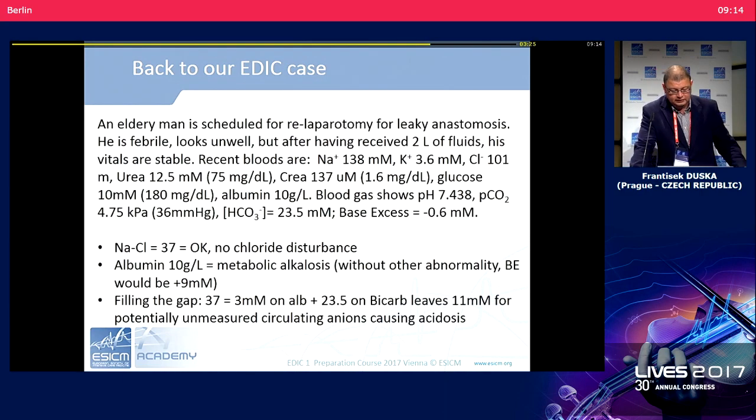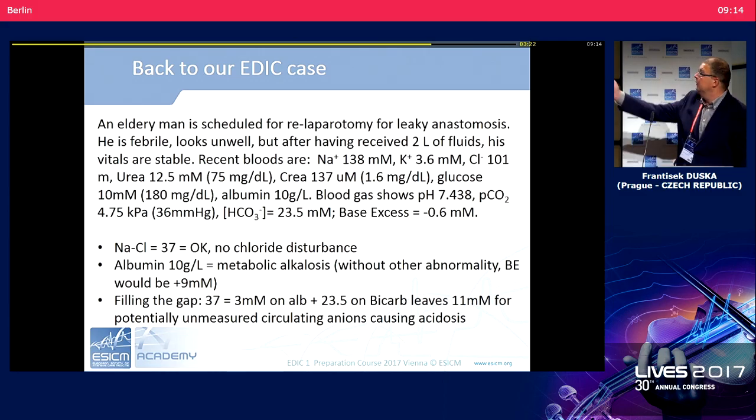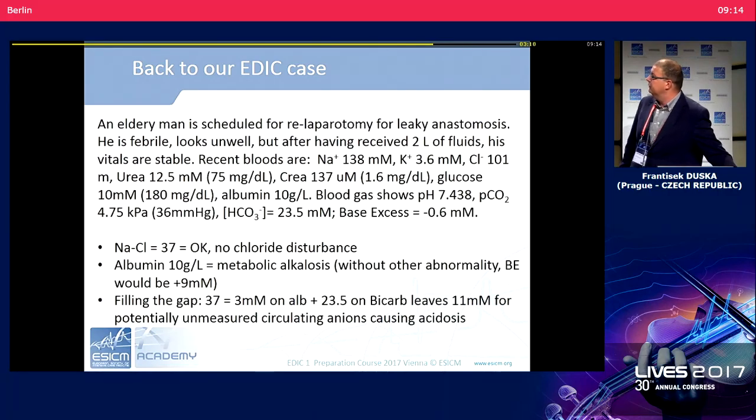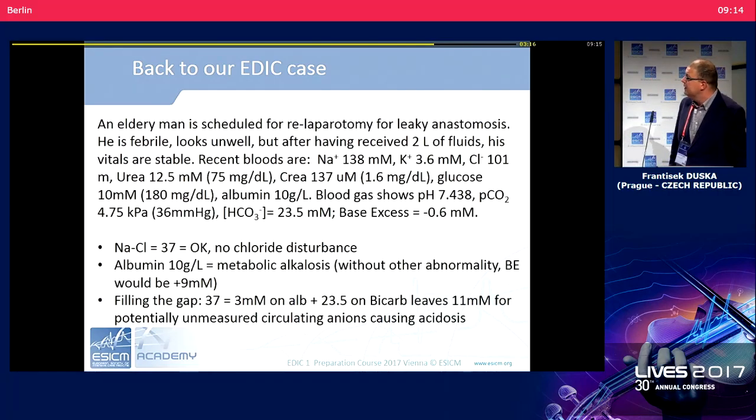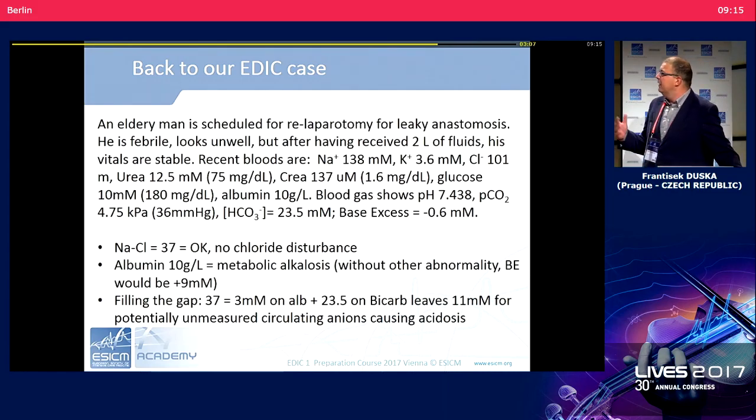So if we use this approach to our case, you can see that sodium chloride difference is okay, so it's probably no chloride disturbance. You can detect metabolic alkalosis here because of the low albumin, and you can estimate that if there was no other disorder, base excess would be between 7 and 9.